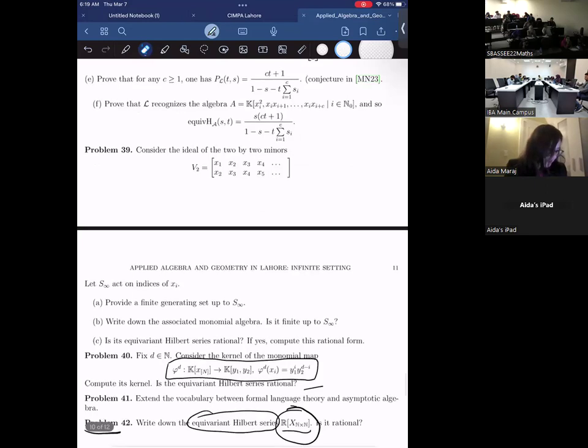I myself am very interested in 39 and 40 to know the answer, but I have not done the computations. I do think there are many ways to approach it, and probably the formulas are nice.